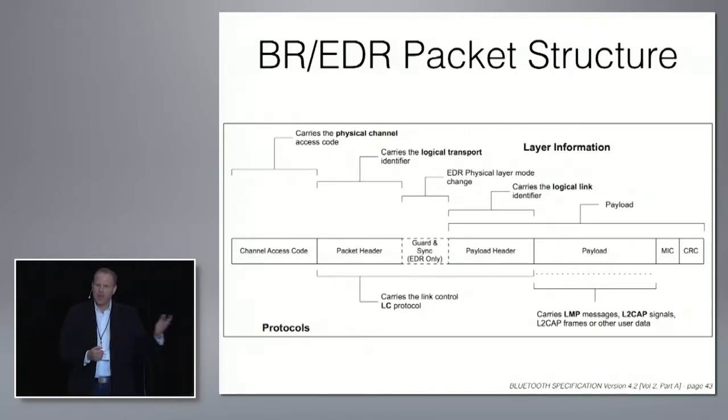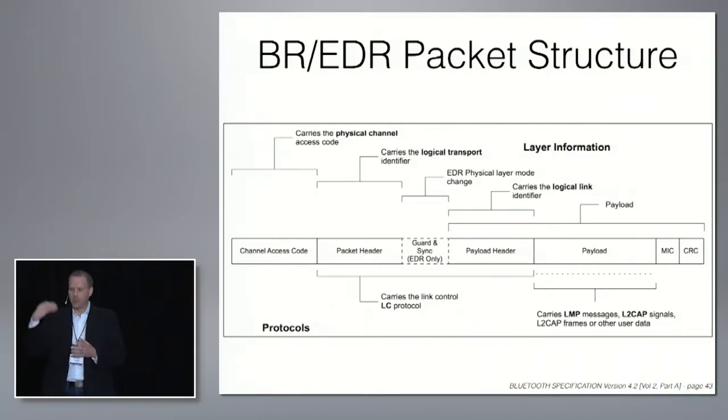If I'm going to be discoverable, I'm going to use what's called an inquiry access code, and I'm going to go and discover devices. If I'm creating a connection, I'm going to use what's called the DAC, or the device access code, because now I know that this specific device wants to connect to me. And then finally, you have something called a channel access code, which is used now when you're synchronized with the master and you're sending data back and forth.